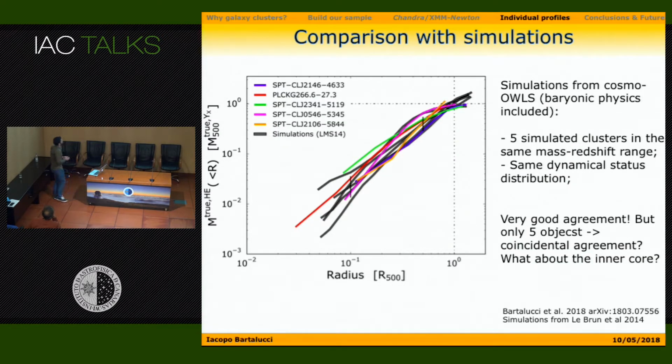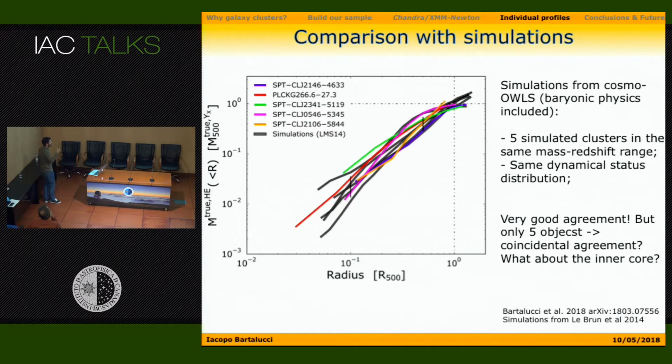Okay, last thing that we have done is we compared our profiles with simulations, and just by chance, in the cosmological simulation that we are producing within the M2C project, we only have simulated galaxy clusters that are shown here with this black solid line.